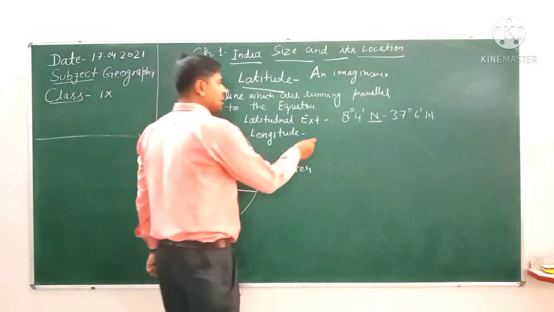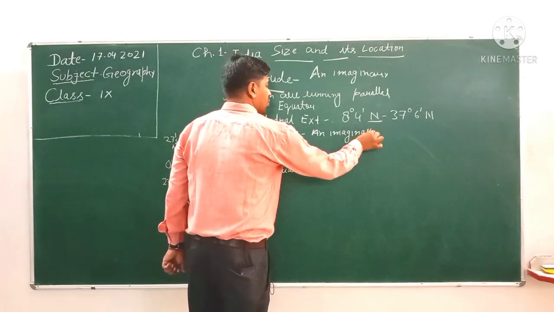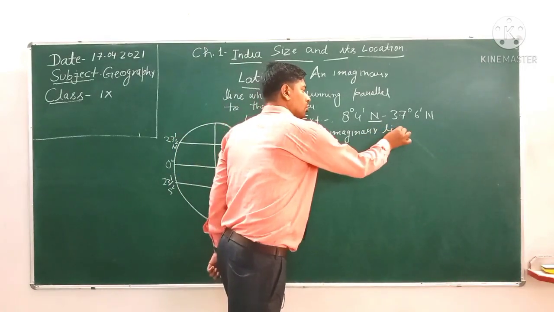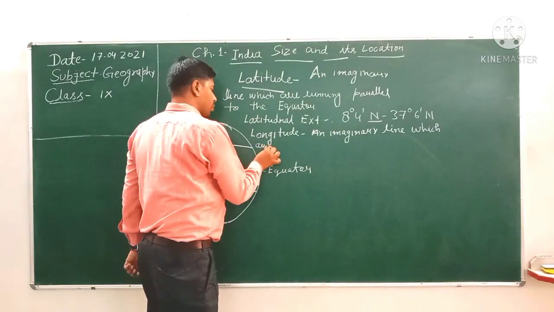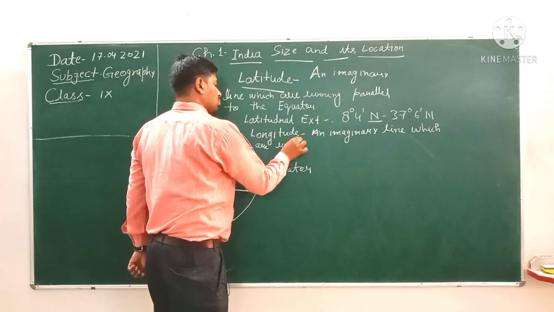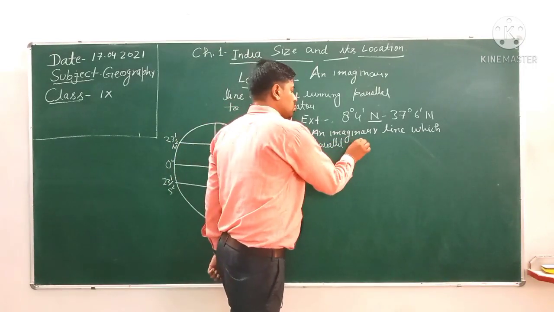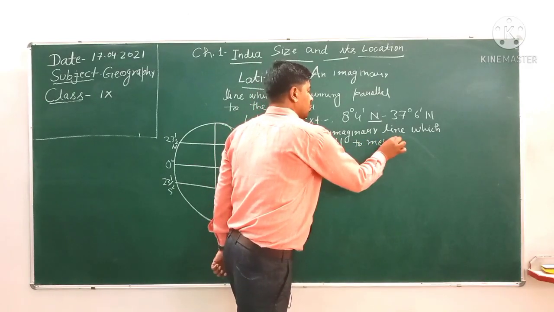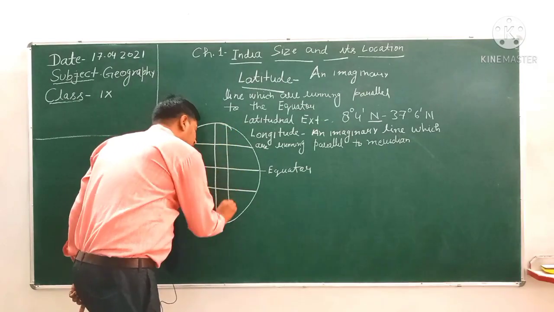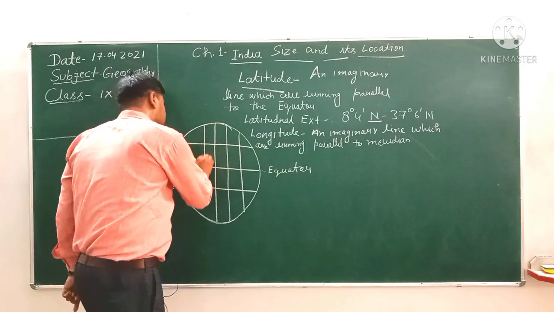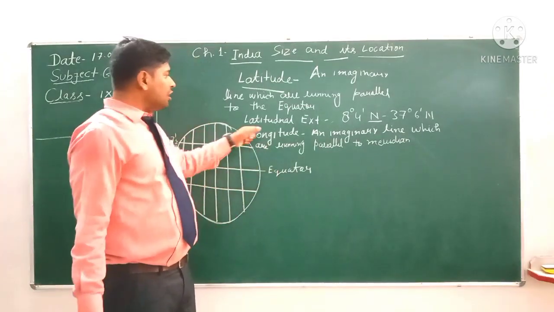An imaginary line which is running parallel to the meridian is known as longitude.